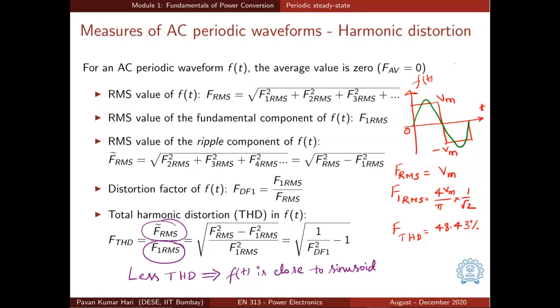From these we can estimate the THD. The THD of a square wave is about 48.43%. What does it mean? It means that the ripple component of the square wave is as high as 48% of the fundamental component.